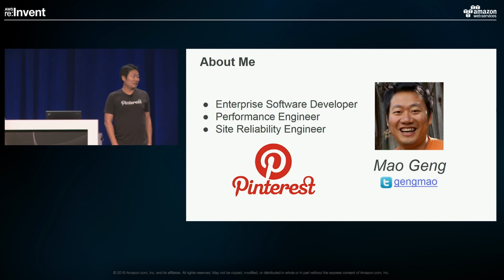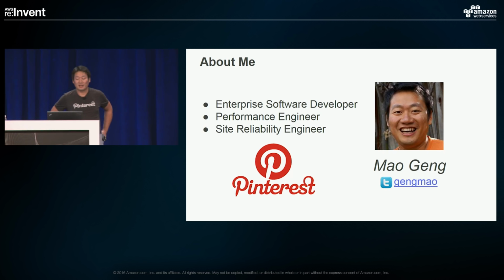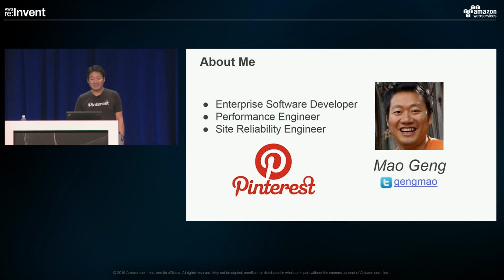First of all, a little bit about me. My name is Mao Gan. I'm working for Pinterest as a site reliability engineer. I came from a background of a traditional enterprise software developer in Oracle database and Java EE land for years.